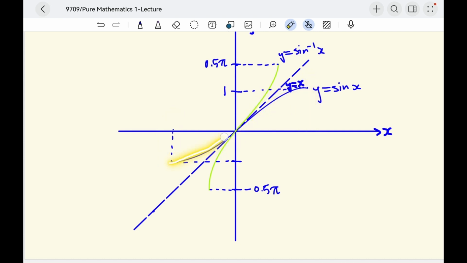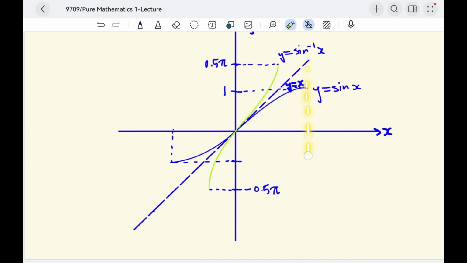Because only this segment of the graph, this interval, does not have many-to-one functions. Why do I say so? Because this is the first half cycle. As you can see, this is the many-to-one functions. For the other side, it's also many-to-one functions. But we only want the one-to-one functions.